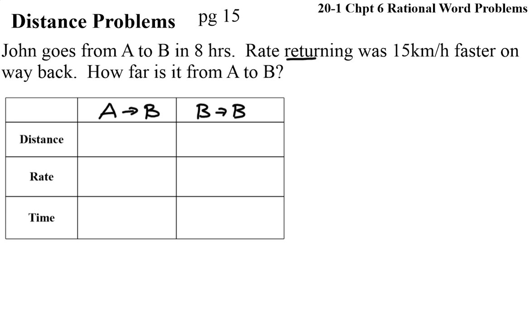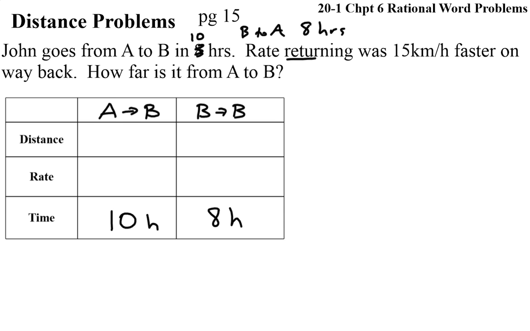Well, I apologize. My little summary here isn't the same as what's in the booklet. It says that John goes from A to B in 10 hours, and from B to A in 8 hours. So that's kind of important. From A to B, we know the time was 10 hours, and from B to A, we know it was 8 hours.